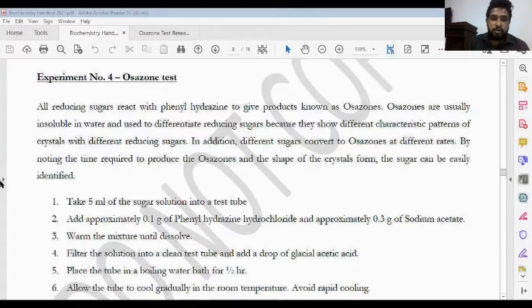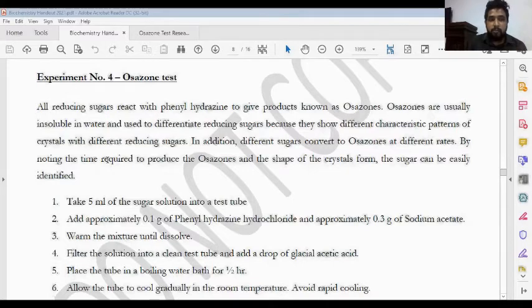All reducing sugars react with phenylhydrazine to give products known as osazones. Osazones are usually insoluble in water and used to differentiate reducing sugars because they show different characteristic crystal patterns with different reducing sugars. In addition, different sugars convert to osazones at different rates.